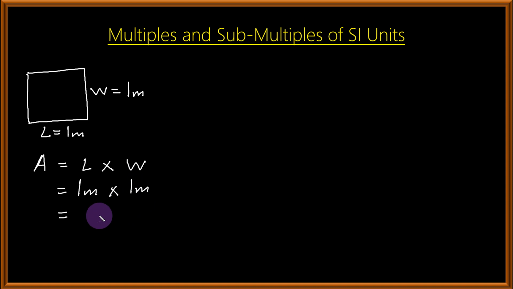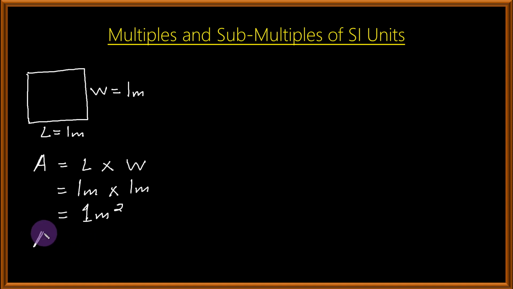And we are going to get the area being 1 square meters. Now, how does this come about? 1 times 1 is 1. Meters times meters is square meters. This too means that the meter has been multiplied by itself twice. Meters times meters, 2 times. And we read this as square meters or meters squared.